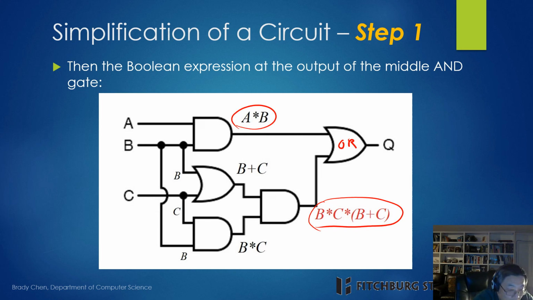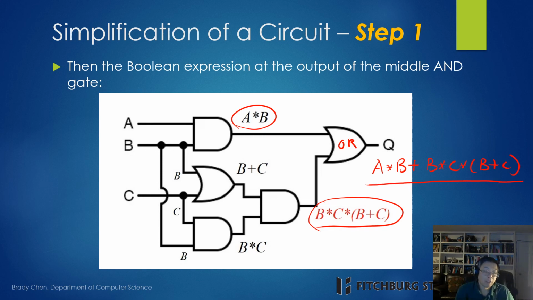So we have A times B plus the other expression, B times C times B plus C. So that's the Boolean expression corresponding to the logic circuit we have here.